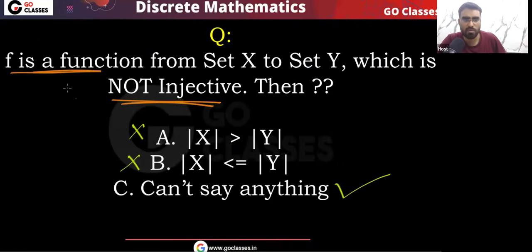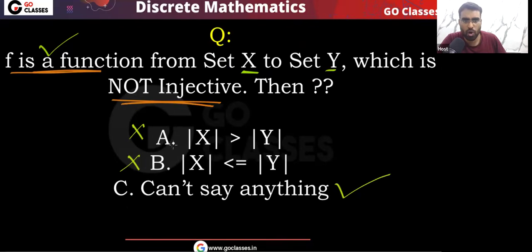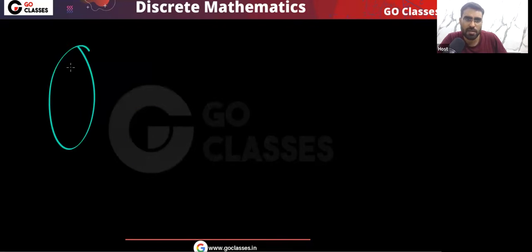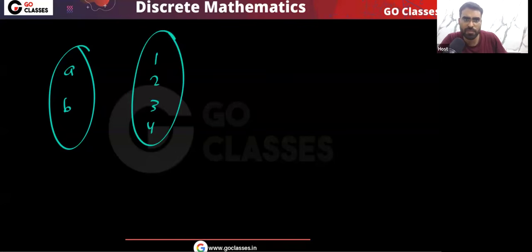Read this question now. We are saying F is a function from set X to Y, which is not injective. For students who are saying option A, see this. If I have this, can I create some non-injective function? Yes, of course, I can create some non-injective function. So maybe F is this.